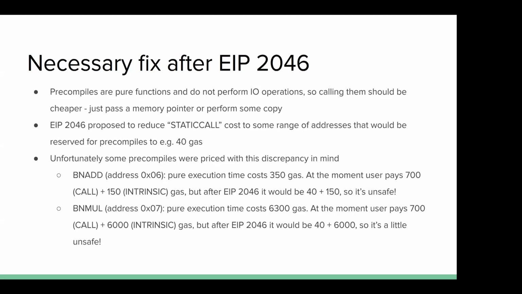So let's say it's like 100 gas per some invocation. And simultaneously, I would have to pay 700 gas for a call. So it would immediately bump the final cost from 100 to 800.